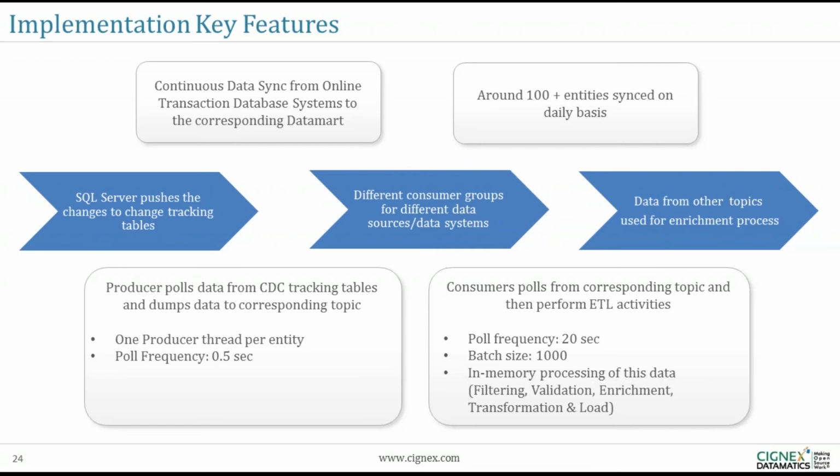If we see the old systems, when the whole thing was happening in SSIS jobs as ETL packages, we could only achieve the whole syncing activity once a day or maximum twice a day.